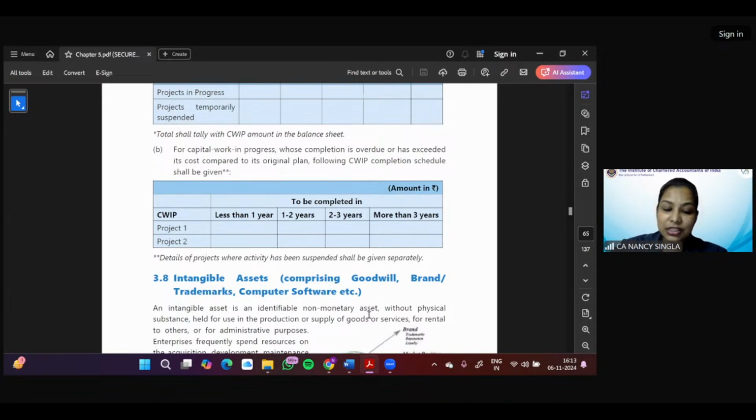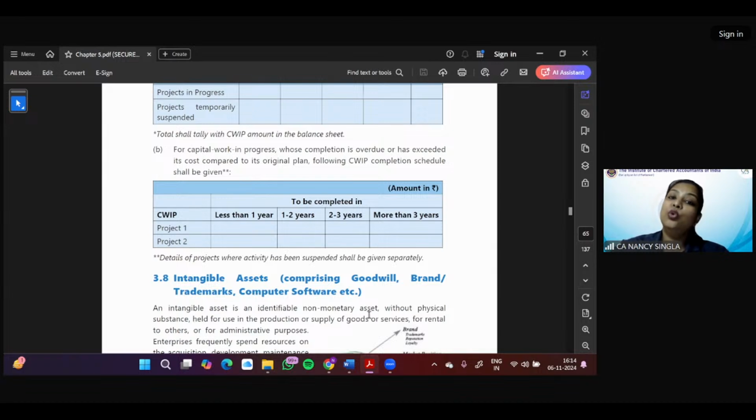Right? So just try to understand. If any activities are suspended temporarily, the way we have seen for clause B also, details of projects where activity has been suspended shall be given separately. Why? Because this information is going to be very important for the shareholders, because they will know that the funds are blocked in so and so CWIP.